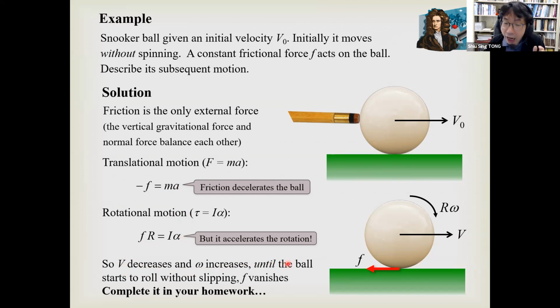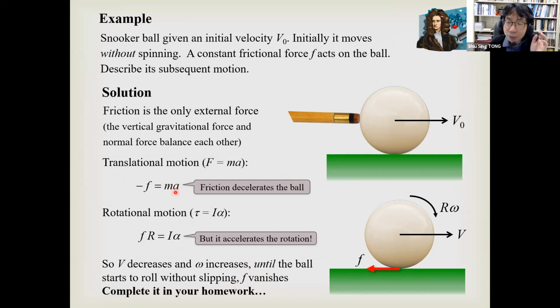And at what time you can equate V with R omega to find out when the pure rolling will occur. Okay, so you are required to do that as homework. You can use the equations for uniformly accelerated motion, because you know A and you assume F is constant.